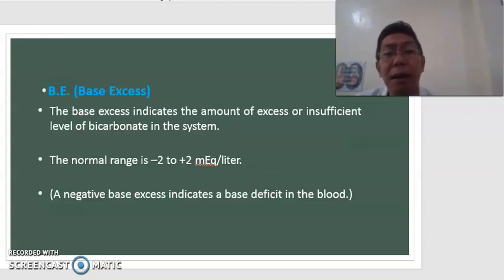BE, or base excess, indicates the amount of excess or insufficient level of bicarbonate in the system. Our normal range is -2 to +2 milliequivalents per liter. If the base excess is negative, that indicates a base deficit in the blood.